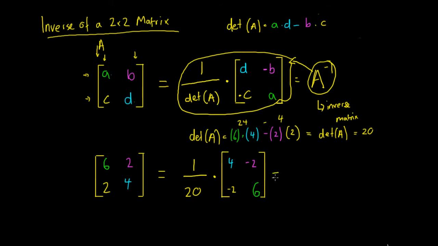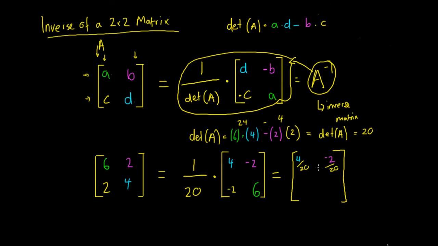So then this just becomes a standard matrix multiplication like we've seen hundreds of times before. So we've got our brackets here. What we're going to do is multiply everything in the matrix by 1 on 20. So we're going to have 4, and we're going to multiply it by 1 on 20, or divide it by 20. Then we're going to have negative 2, and we're going to multiply it by 1 on 20, or just divide it by 20.